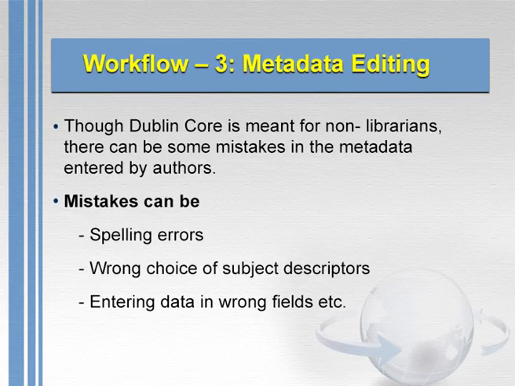So in spite of its simplicity, authors may still enter some mistakes, such as spelling mistakes, missing words, or entering information in the wrong fields. For example, last name and first name of authors can be confusing. Of course, for the author it may not be, but for many people it is, depending on the culture they belong to. Another issue is the choice of subject descriptors.